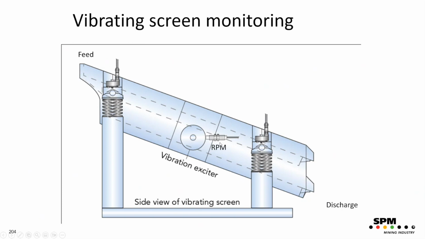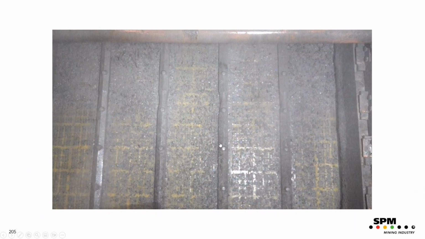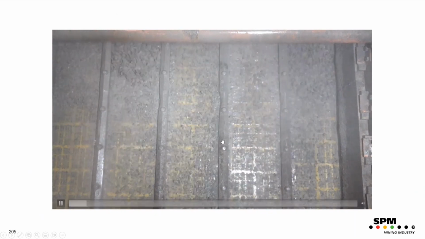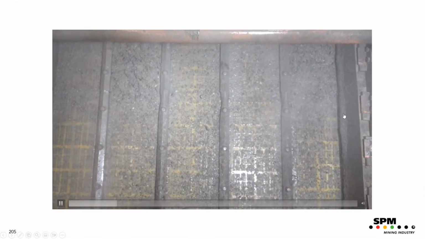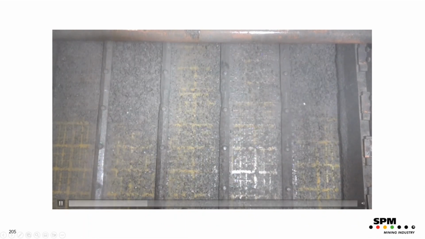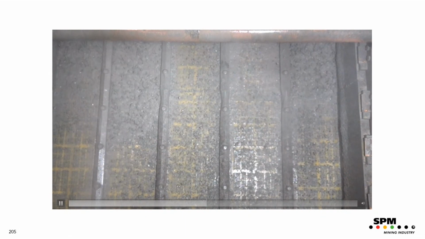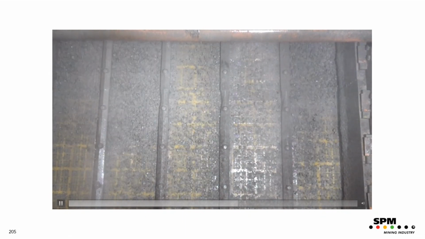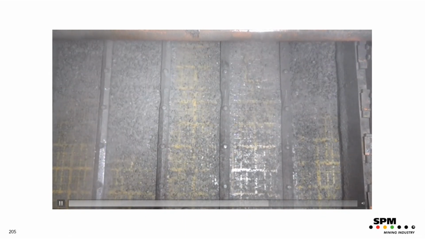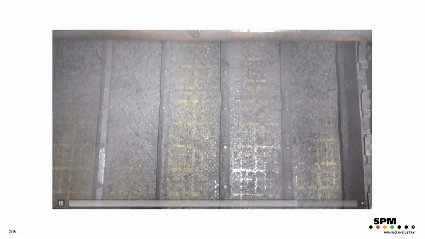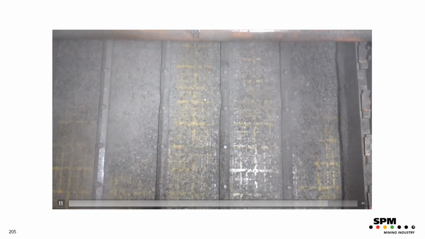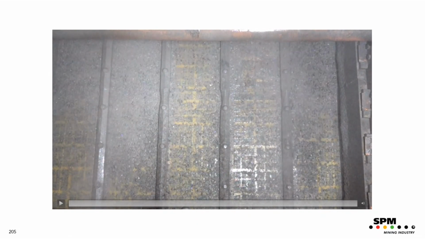And here we have a slow motion film of a vibration screen deck. A shaker screen with poorly synchronized movements over the deck can cause non-uniform ore distribution, causing non-optimal function.